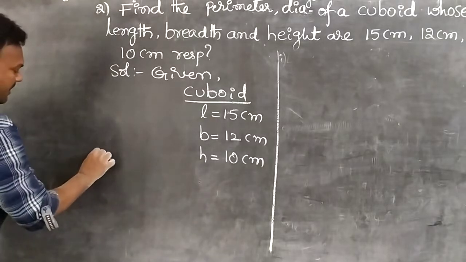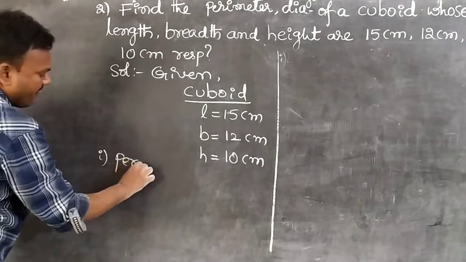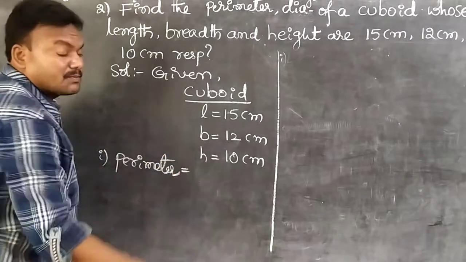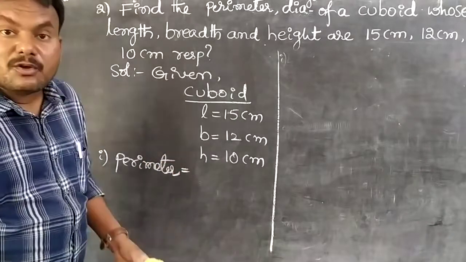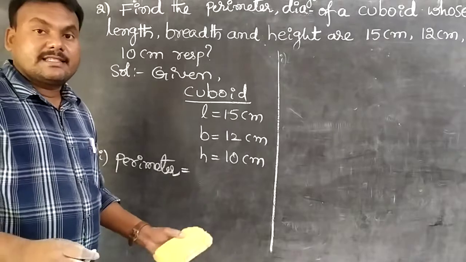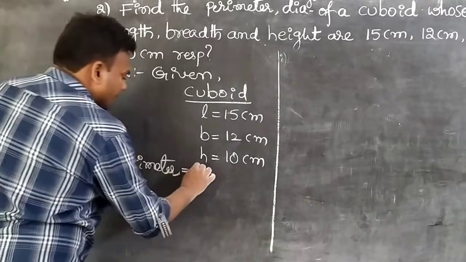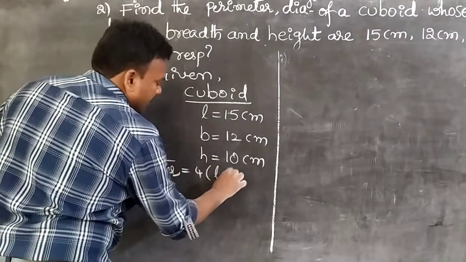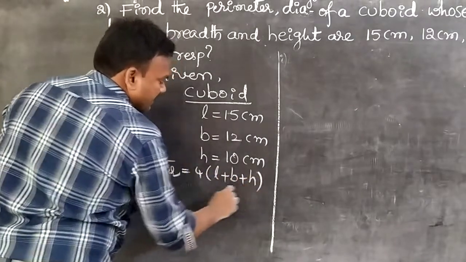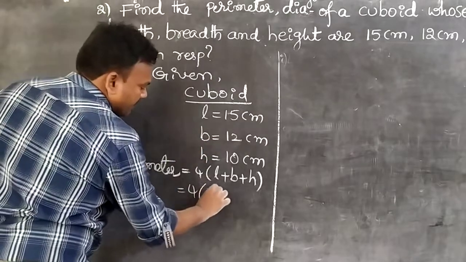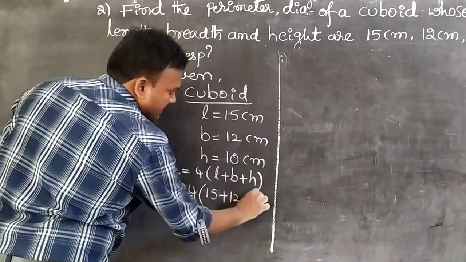Number 1, perimeter. What is the perimeter of a cuboid formula? Yes, that is 4 of L plus B plus H. So that implies 4 of 15 plus 12 plus 10.